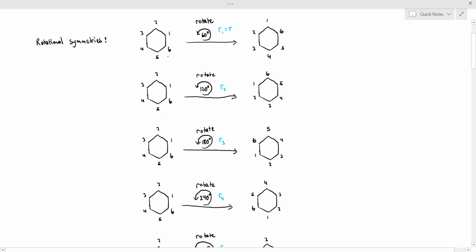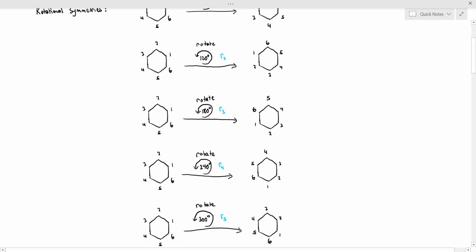Now we can also rotate an additional 60 degrees for a total of 120 degrees counterclockwise. So if we start with the original numbered hexagon, rotating counterclockwise by 120 degrees will shift all of the vertices over by 2 in the counterclockwise direction, but otherwise, you get the same hexagon shape.